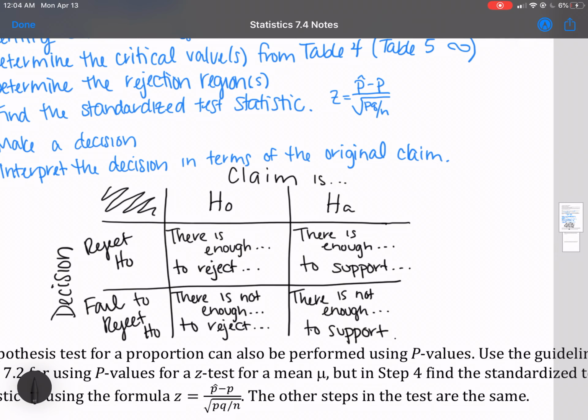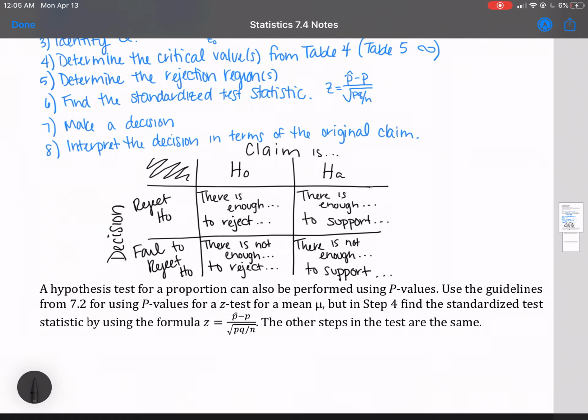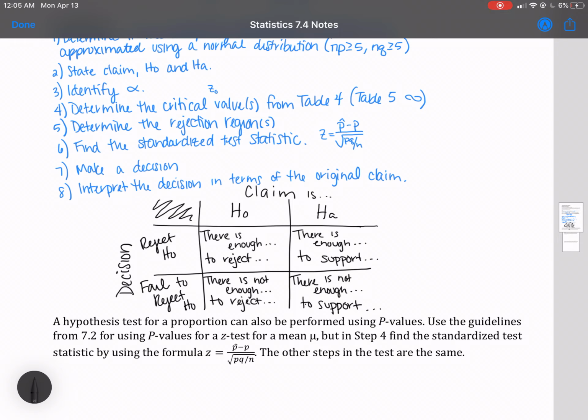Okay, so using that table should help you answer those last parts of each of your questions on your homework. Okay, so a hypothesis test for proportion can also be performed using p-values. But what we're going to focus on is still just using our rejection region.